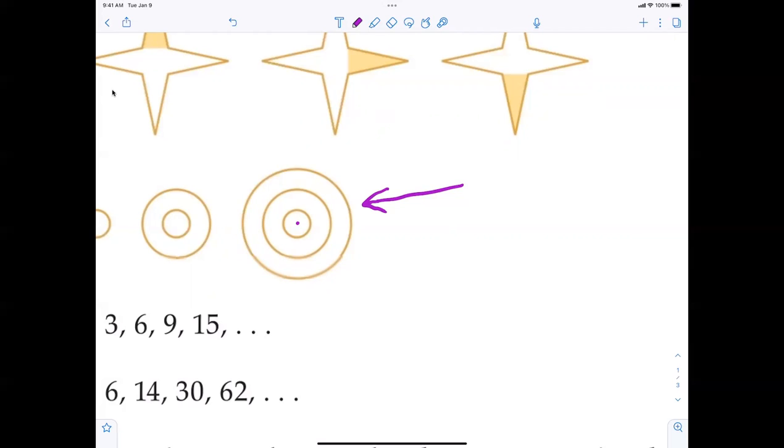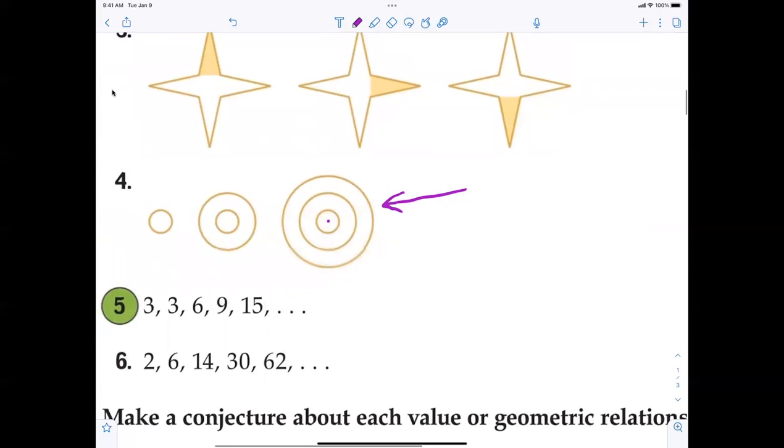It is the same. Thank you. So concentric circles are just circles that share the same center. So in this case, like you said, you're adding another circle.